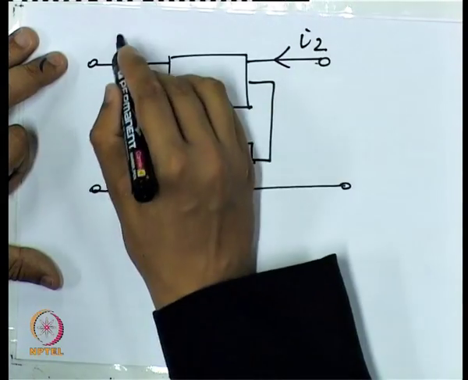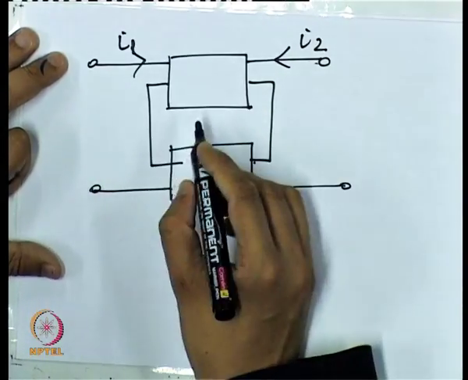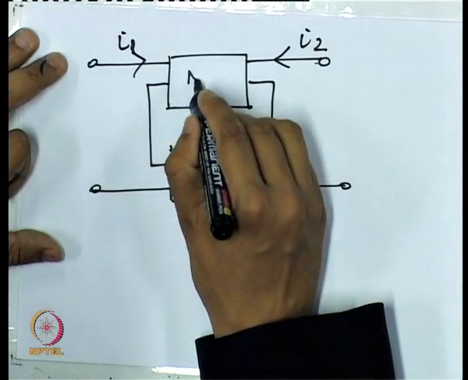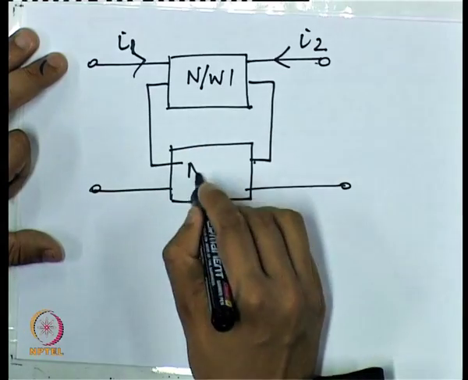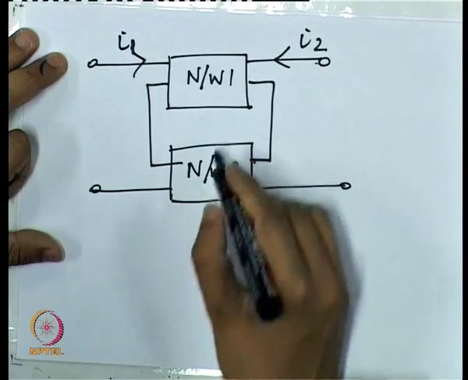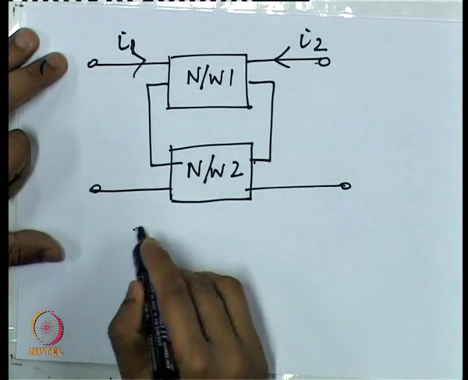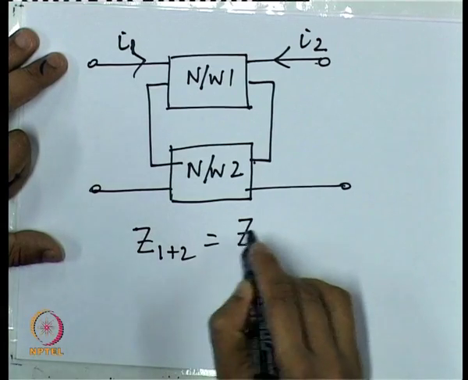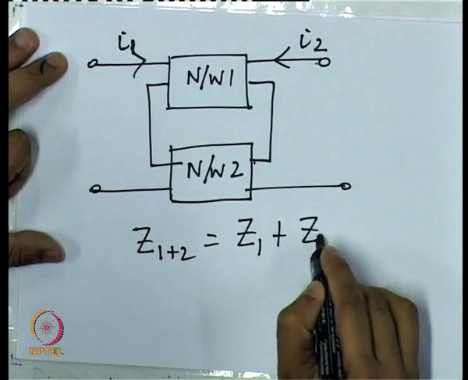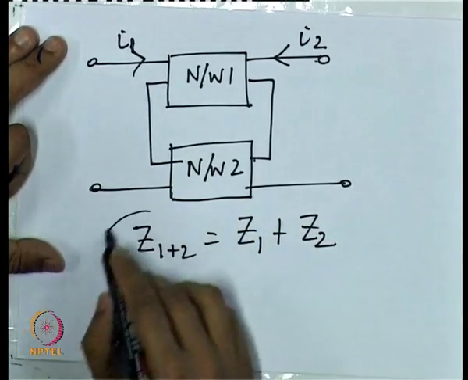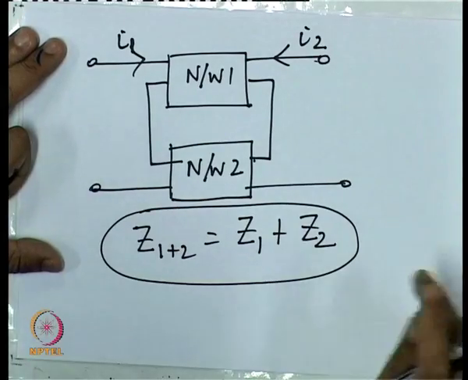I am calling these two networks to be in series because they have the same current flowing through them. So this is network 1 and this is network 2. Now for this combination, the overall Z parameter matrix, Z1 plus 2, is simply the addition of the individual Z parameter matrices. So when two networks are in series, Z parameters might be more convenient.